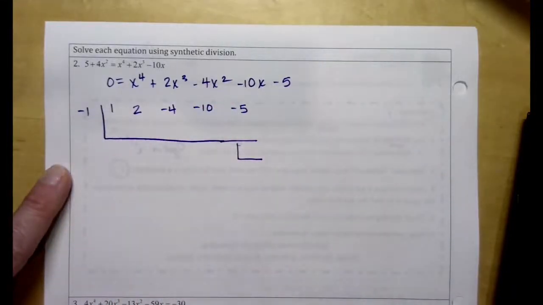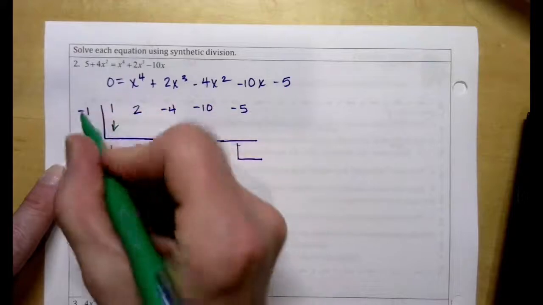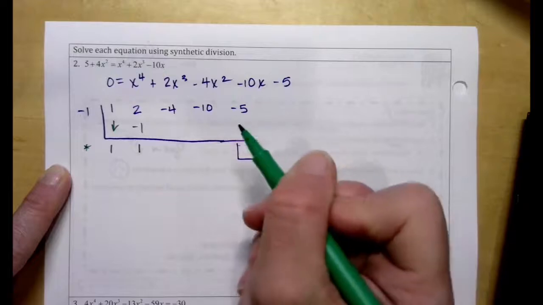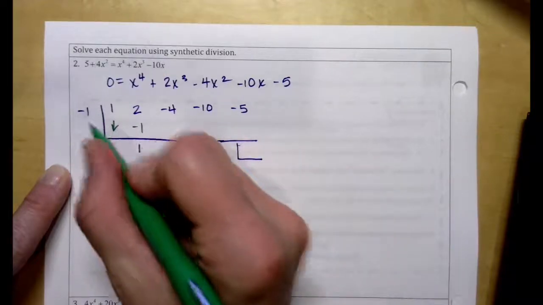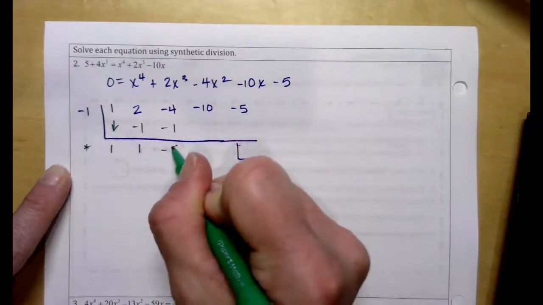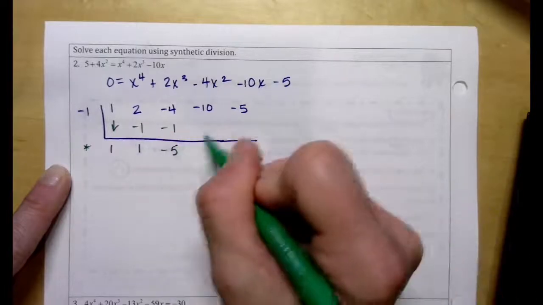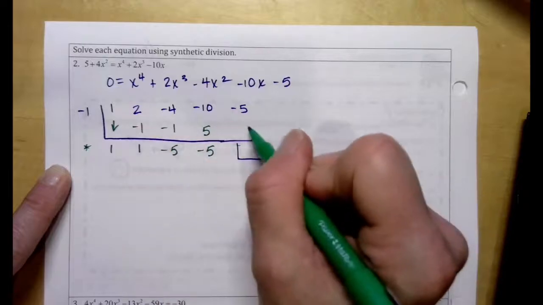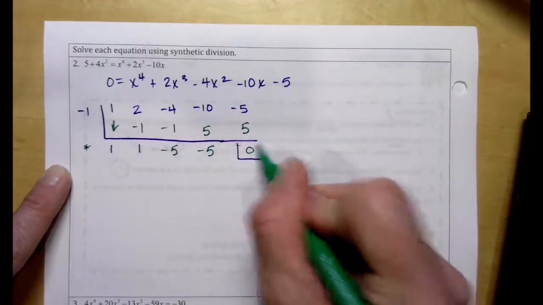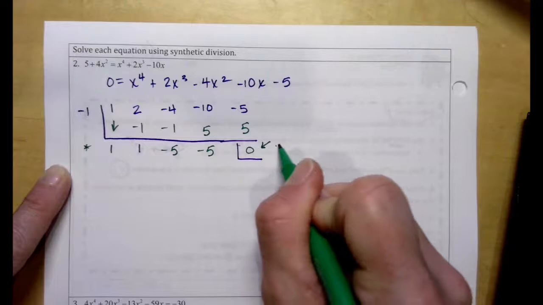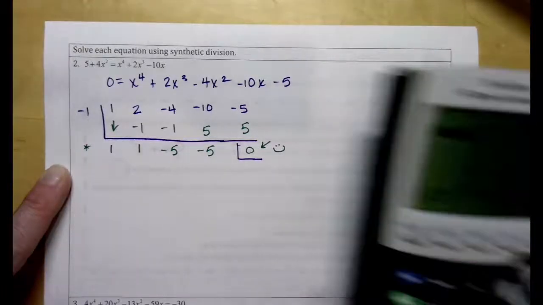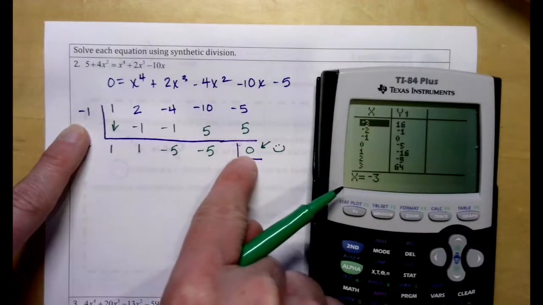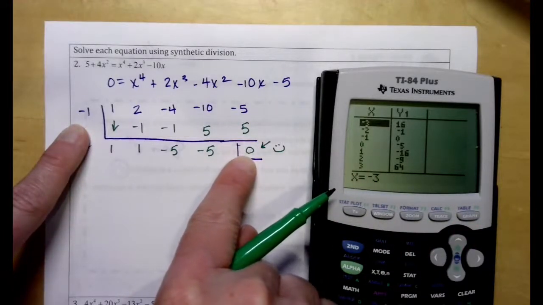Bring my first term down, and then I'm going to multiply, add, multiply, add, multiply, add, multiply, add. Now, I'm not surprised that this happened at all. I knew it because I knew that this was a 0. So if I didn't get a 0 here, then I would be in trouble.